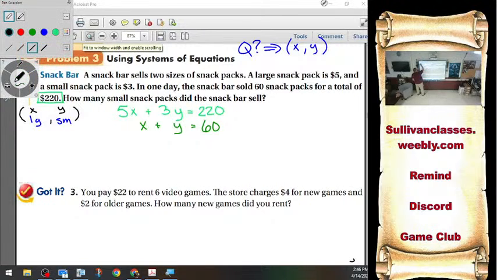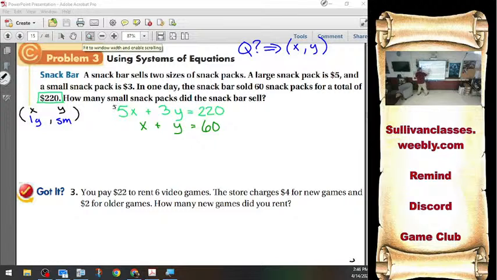But notice that this was dollars, this was dollars, this was dollars. The total was dollars, so the rates that go with it have to be dollars. This is about money, those better be about money. This was about packs, those better be about just packs. And now, off to the races we go.